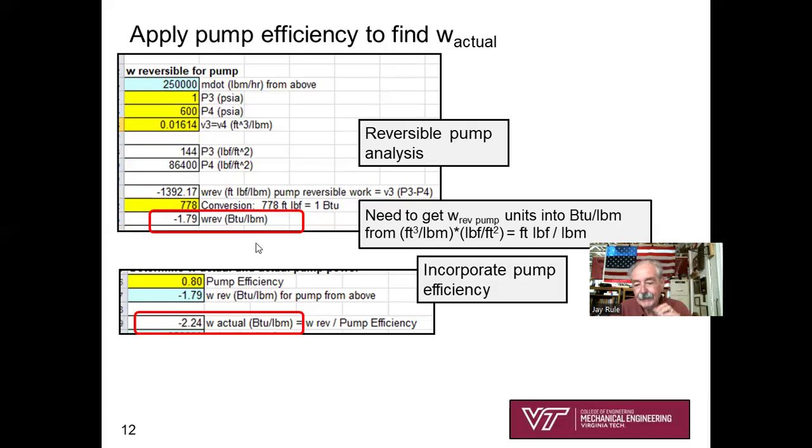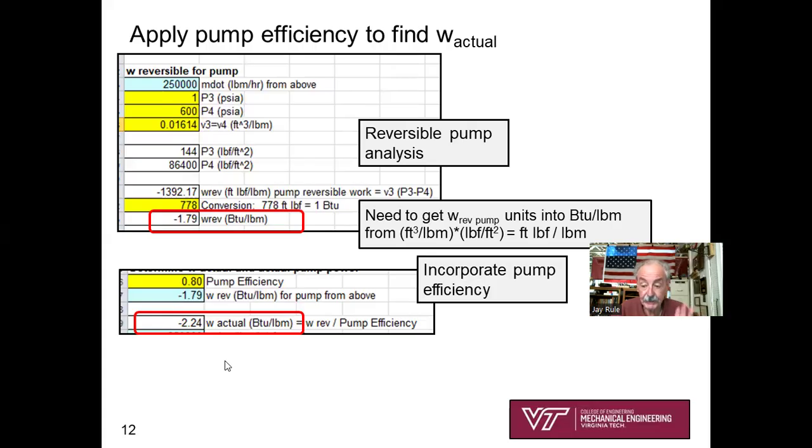But I do know I'm going to need a little more than that to actually drive the actual pump. I remember my definition of pump efficiency, so I'm going to take 1.79 divided by 0.8 to bump up the work required, negative 2.24 BTUs per pound mass. So that's little w, W dot over m dot for the pump.